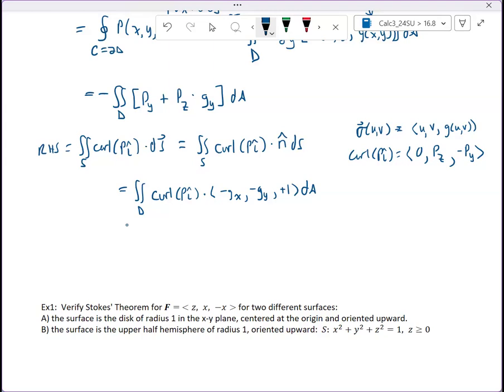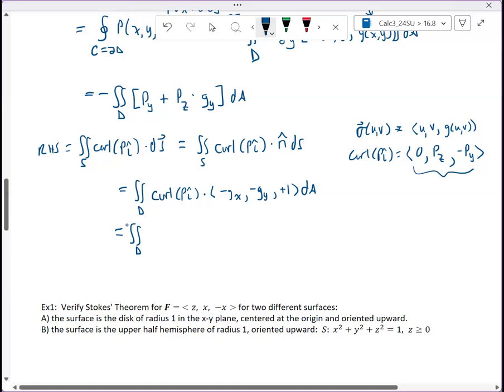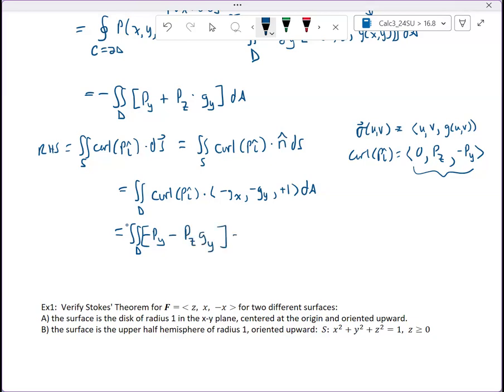This was a formula we had seen before in the last section. Not necessarily with a curl, but just this transition here. And this is the double integral over D of, well, curl of pi hat is this over here. This gives me negative dp dy from the z components, and then minus dp dz, dg dy. And that's integrated dA.